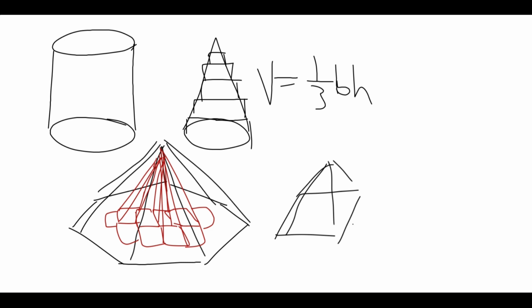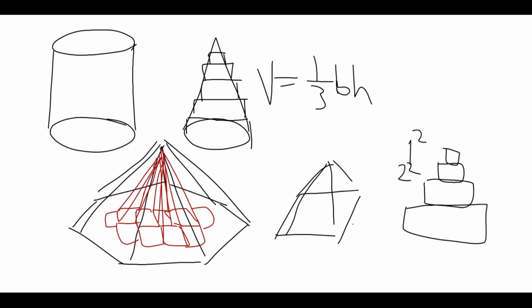So in the case of a square pyramid, which is probably easiest, one way to get this volume formula is basically take a bunch of slices that are squares. So this is a side view. Then basically all you're really doing is adding up the first n squares, where n is the number of slices you have. And, well, if you do a little bit of algebra, you know that that's going to be roughly n cubed over 3.